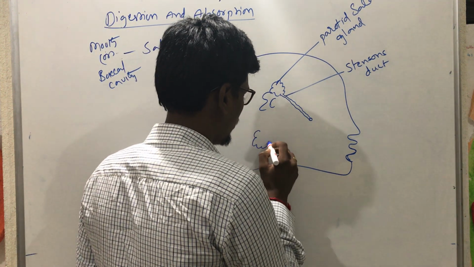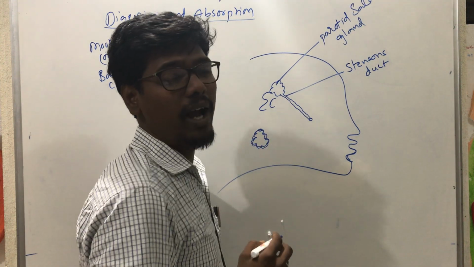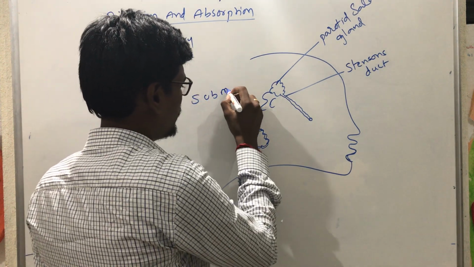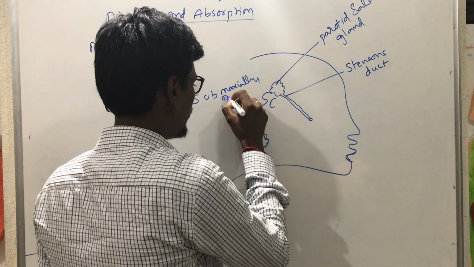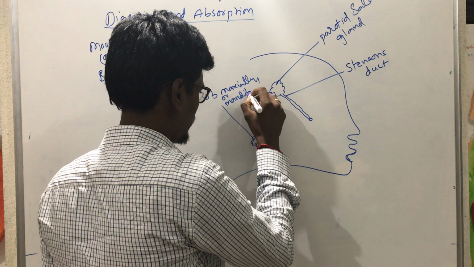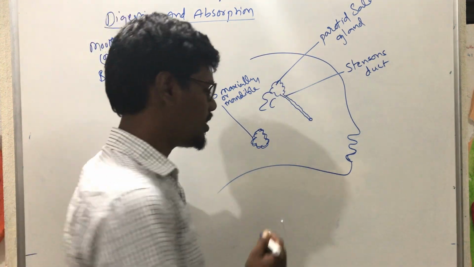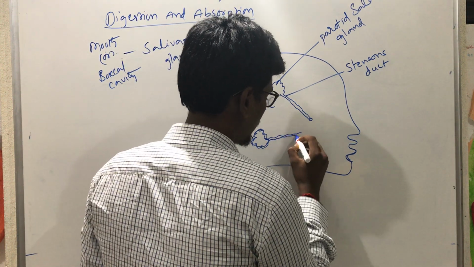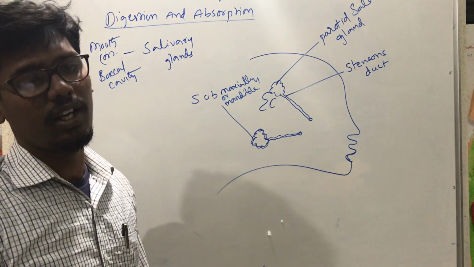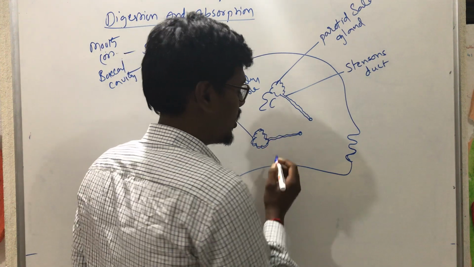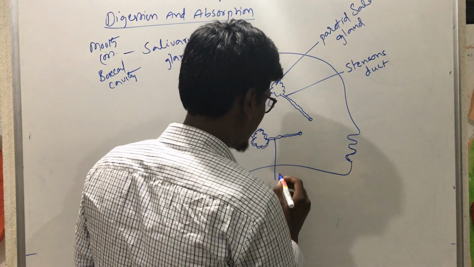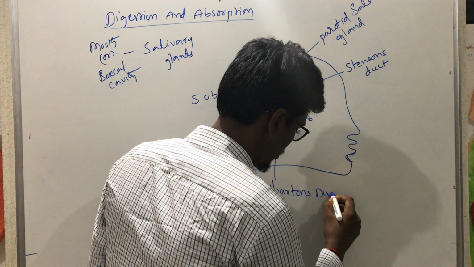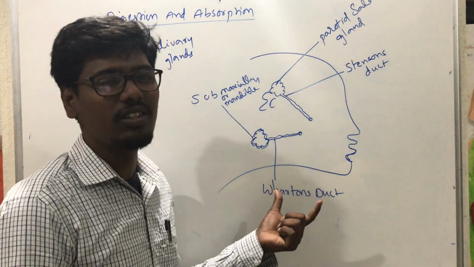The gland is called submaxillary or submandibular. Its duct also releases in the premolar region. The duct name is called Wharton's duct.